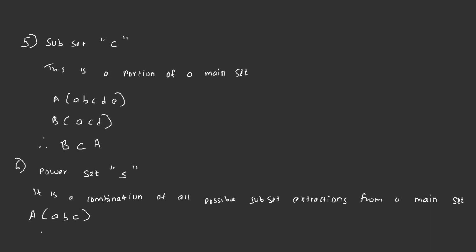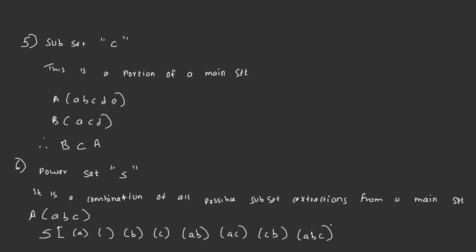So the power set of A, B, and C will be given by: we'll have a null set, we'll have A, we'll have B, we will have C, we will have AB, we will have AC, we will have CB, and we will have ABC.